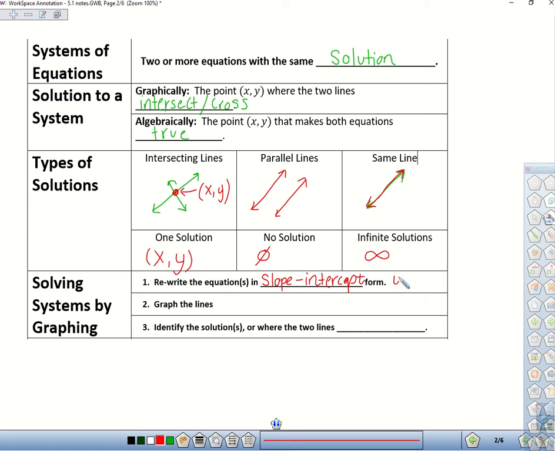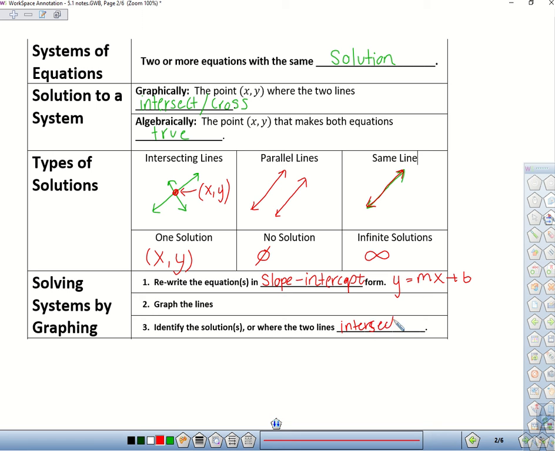And that form looks like this, y equals mx plus b. You guys remember that, y equals mx plus b from Algebra 1? Well, maybe you're going to like it this time around. Have a positive, open mind, okay? Then we're going to graph the lines, and then we're going to identify the solutions or where the two lines intersect or cross.